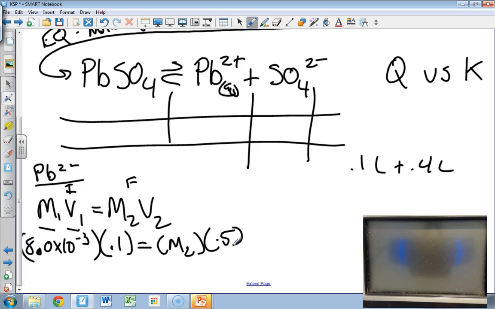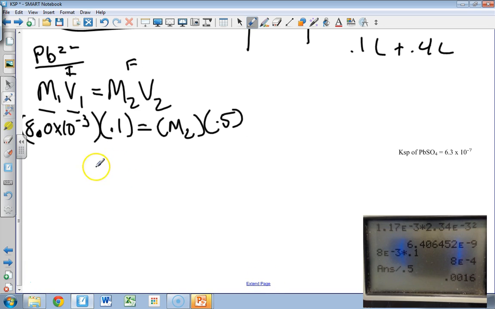So now we do 8 times 10 to the minus 3 times 0.1 divided by 0.5. And so what we have is a new concentration of lead. That new concentration of lead is 1.6 times 10 to the minus 3 molar equals the concentration of lead 2 plus.